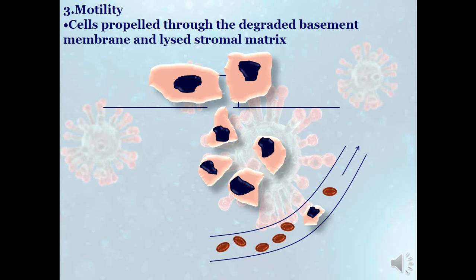When these cells establish themselves in the circulation, they are on board to metastasize to distant sites away from the primary site, in a process called metastasis.